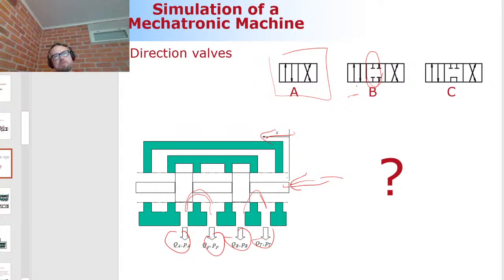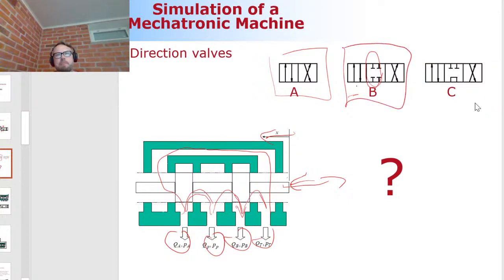And when I'm moving the spool in this direction, then the pressure will be connected here, and this one will be connected here. So these are the three operation conditions, and this is, oh, hold on, that's not the right drawing symbol. This is the right drawing symbol.